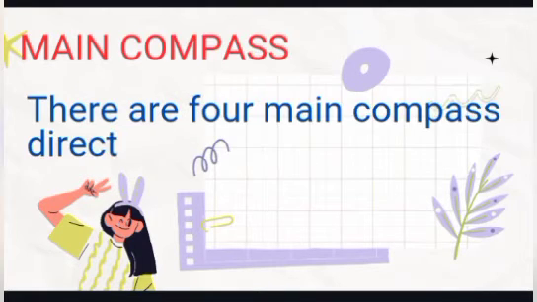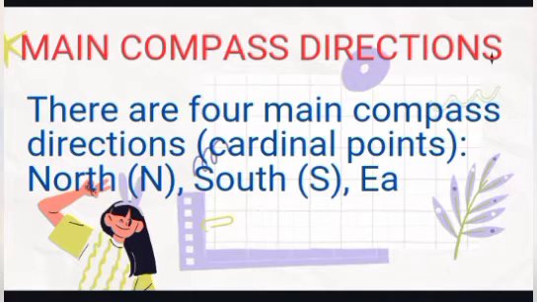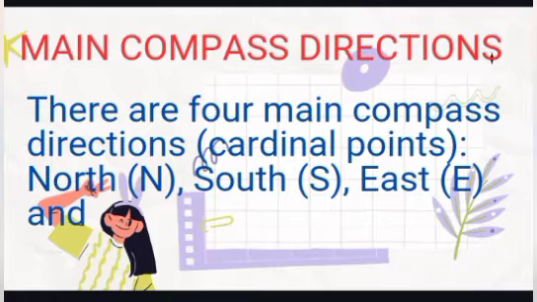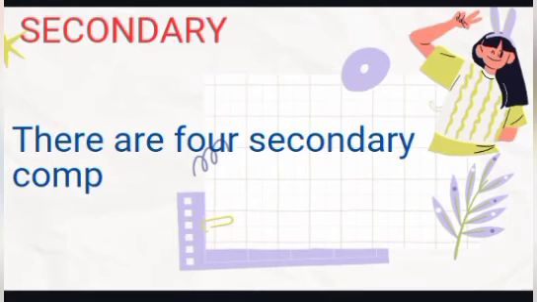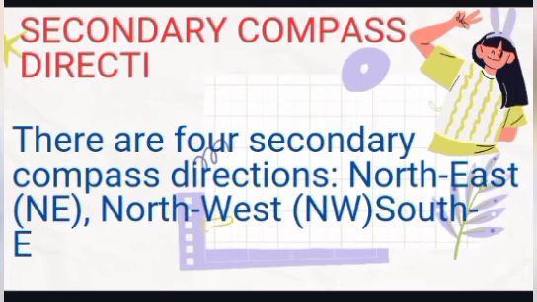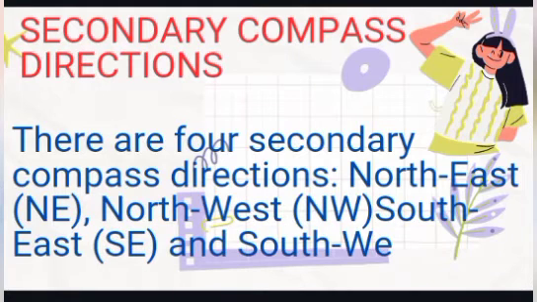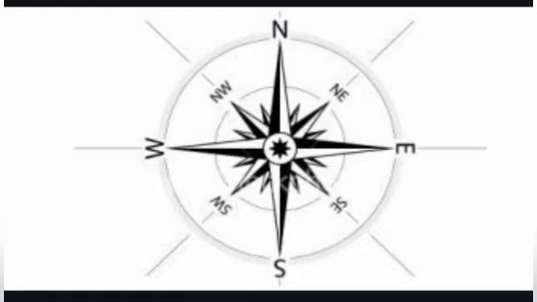And basically, there are four main compass directions or cardinal points. That is the north, south, east, and west. And we also have four secondary compass directions. That is the northeast, that is NE for short, northwest, NW for short, southeast, SE for short, and southwest, SW for short.